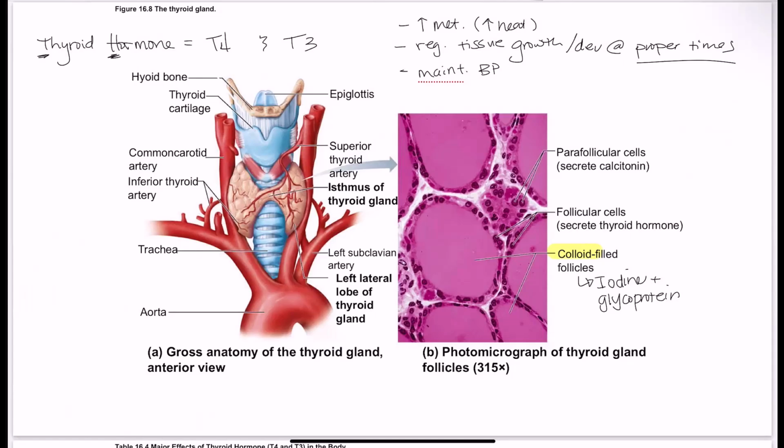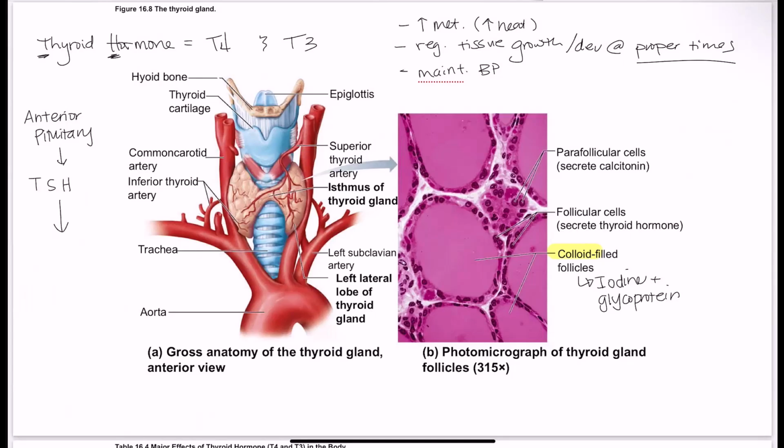The cool thing about thyroid hormone is that we can store it a while until it's needed. So it can just hang out inside this colloid space. And then when TSH from the anterior pituitary is secreted, that's when the stored thyroid hormone is released. So remember that the anterior pituitary releases TSH, thyroid stimulating hormone.